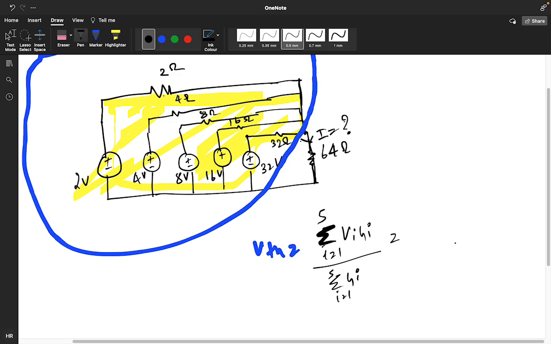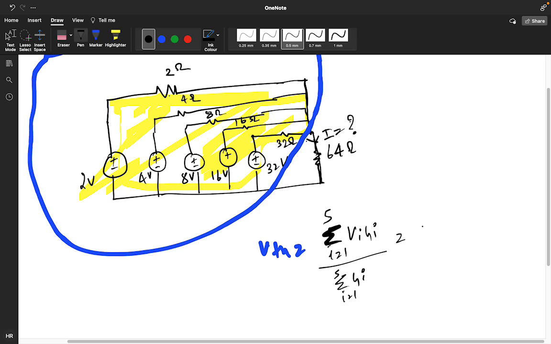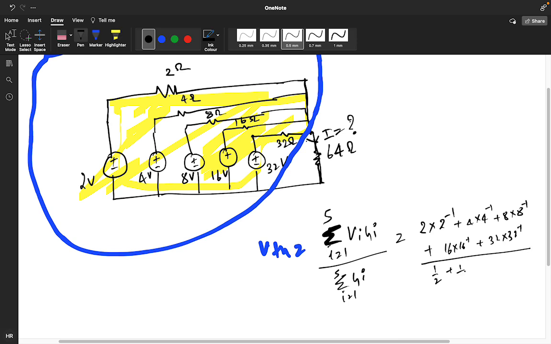Do the calculation and tell me: 2 into 2 inverse plus 4 into 4 inverse plus 8 into 8 inverse plus 16 into 16 inverse plus 32 into 32 inverse, divided by 1 by 2 plus 1 by 4 plus 1 by 8 plus 1 by 16 plus 1 by 32.